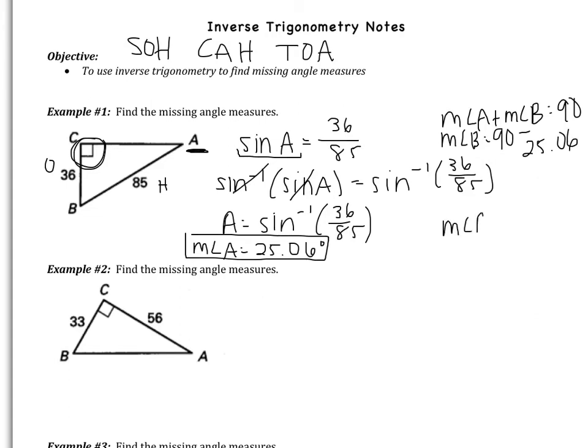The measure of angle B then is 64.94 degrees. So that was our first example. It's a little easier than yesterday because you only have to set up one ratio. And then you just have to use the fact that the angles add up to 180 in a triangle to find the second angle.